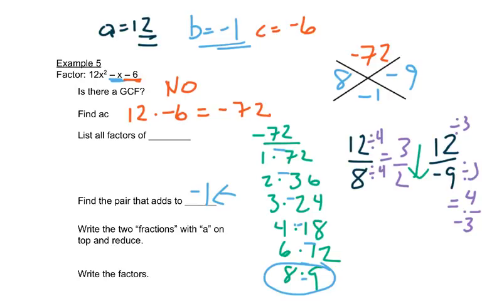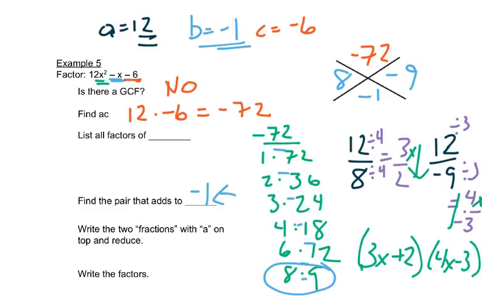So now I'm ready to write. This is really x and x, remember, because this was x squared. So I can write my parentheses now. I have 3x plus 2 and 4x minus 3. I'm just reading those fractions straight down. And again, I can FOIL that, and if I FOIL it, I'll get back up to where I started.